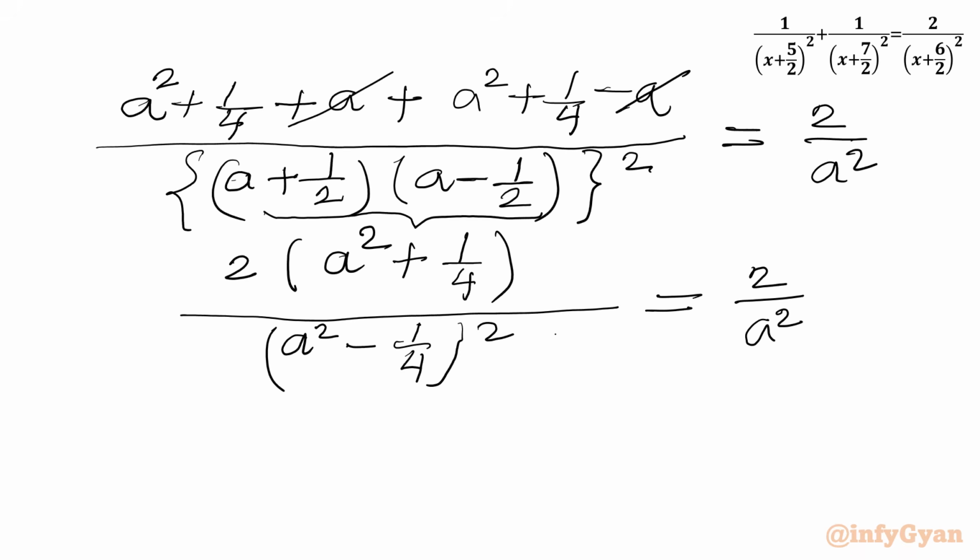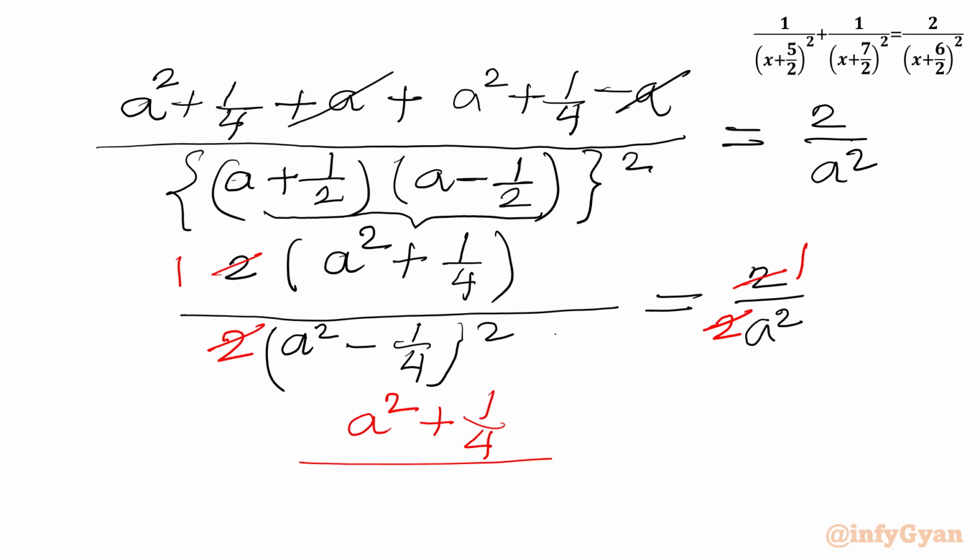Now we will divide both sides by 2 so that 2 will be cancelled out from both the sides. 2 over 2 will become 1. 2 over 2 will become 1. We will get the equation a square plus 1 over 4 in the numerator, in denominator a square minus 1 over 4 whole square, equal to 1 over a square.